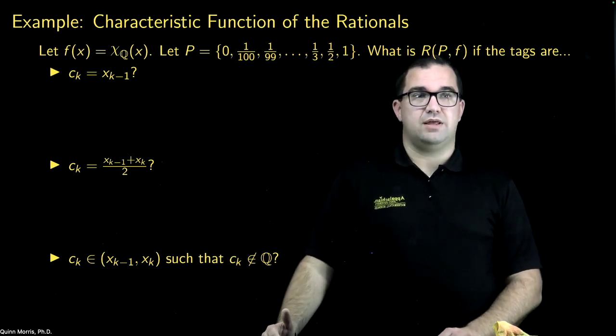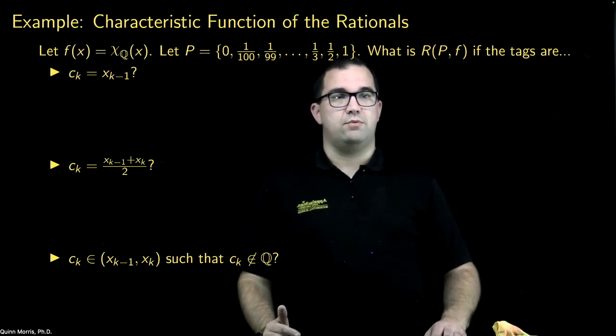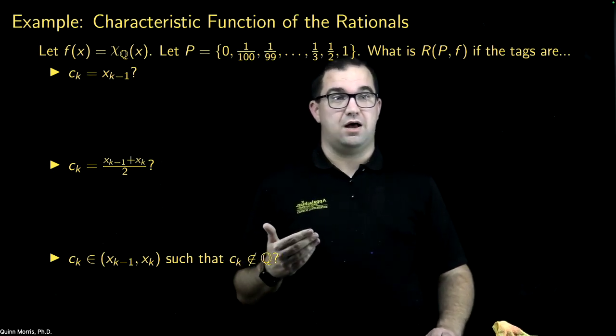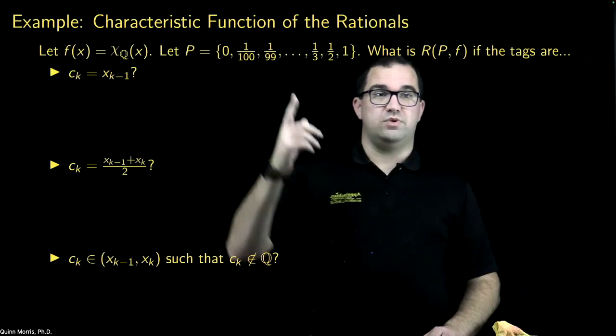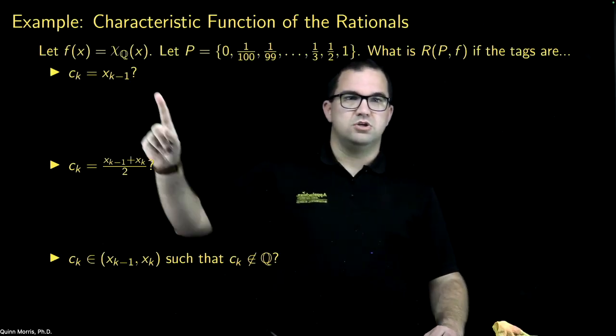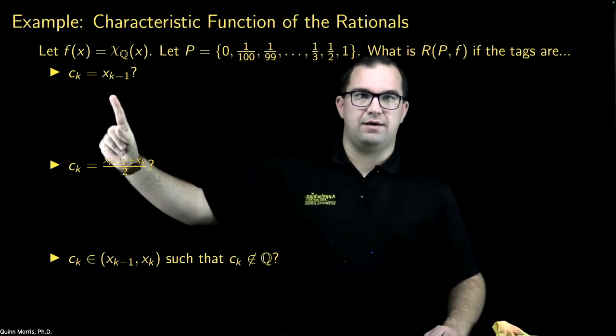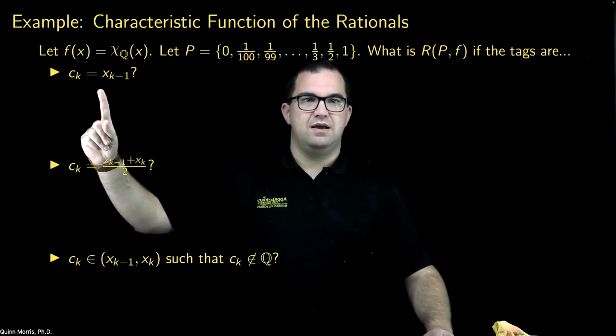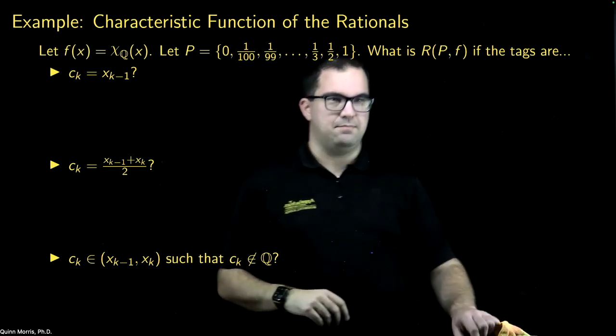So if I want to calculate a Riemann sum, I need some tags. I want to calculate the Riemann sum of this function with this partition for several different cases of tags. Okay, so the first case of tags I want to think about is what if c sub k is equal to x sub k minus 1.